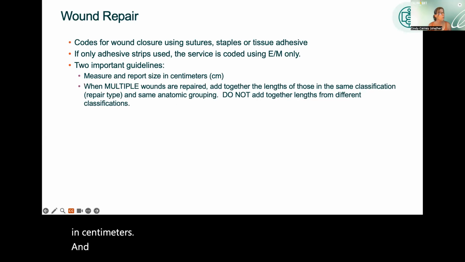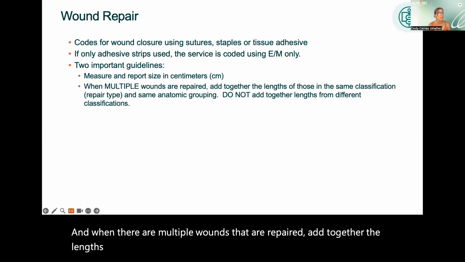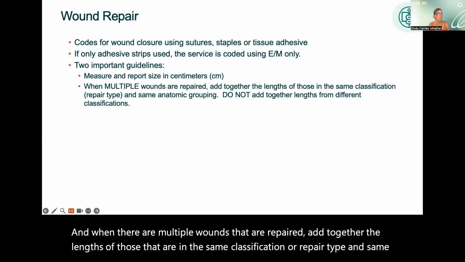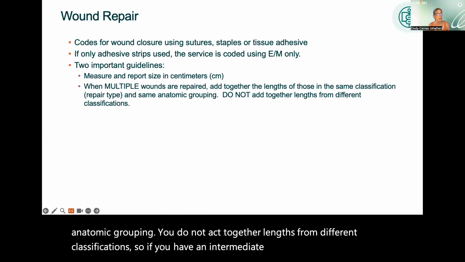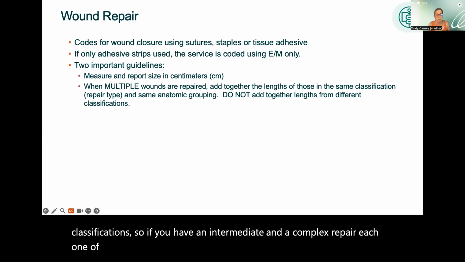And when there are multiple wounds that are repaired, add together the lengths of those that are in the same classification or repair type and same anatomic grouping. You do not add together lengths from different classifications. So if you have an intermediate and a complex repair, each one of those would be coded separately.